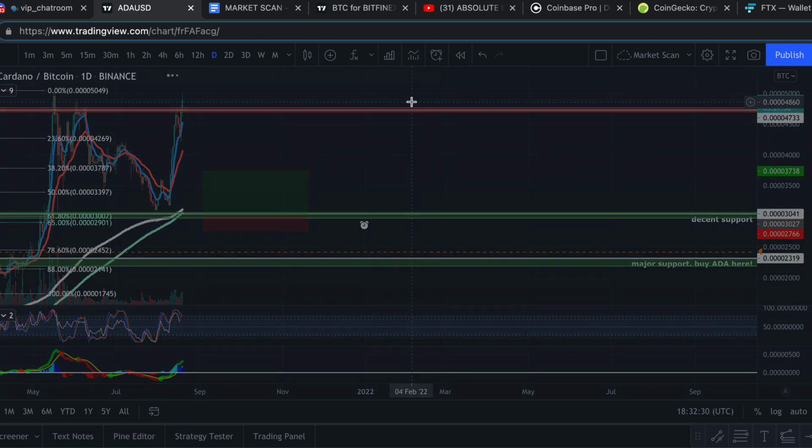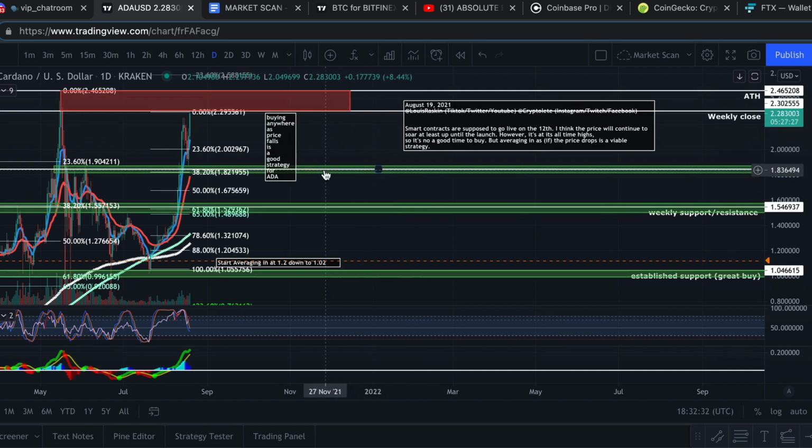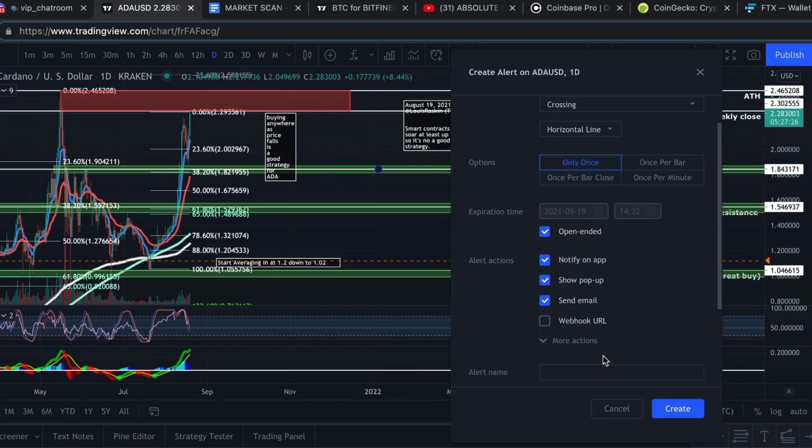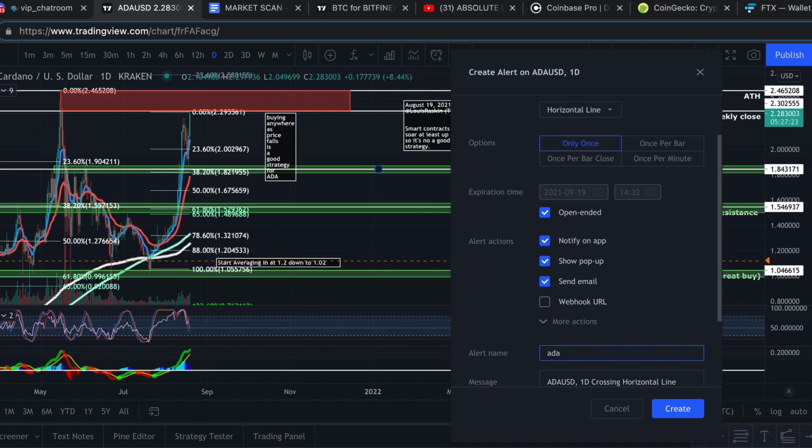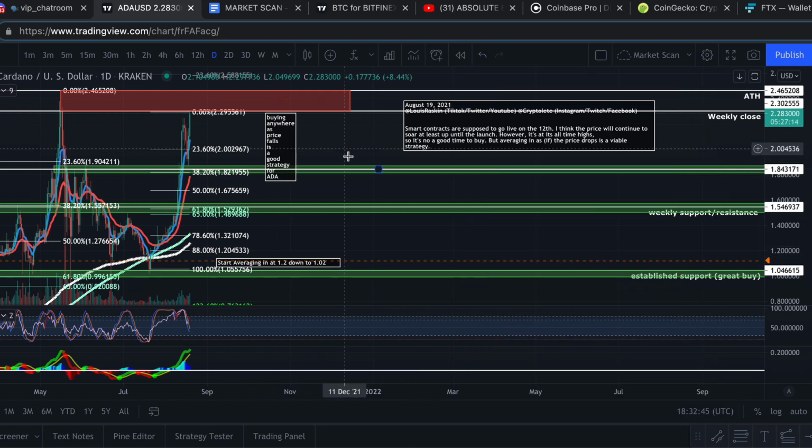Let's move on to, oh, actually, I forgot. I need to put this alert in here. So if it comes down to here, I'm going to buy a lot more. If this is the top.